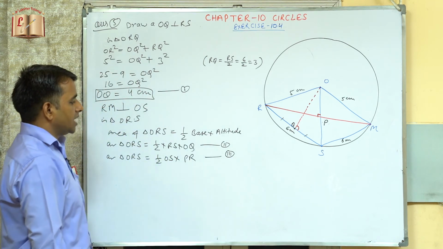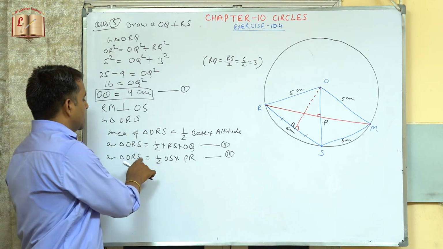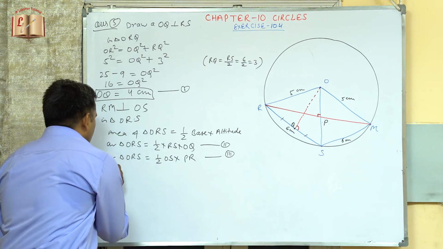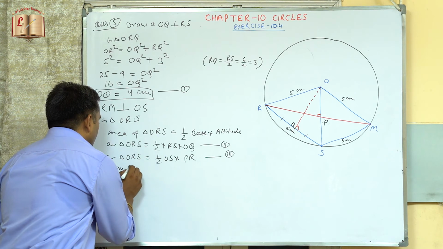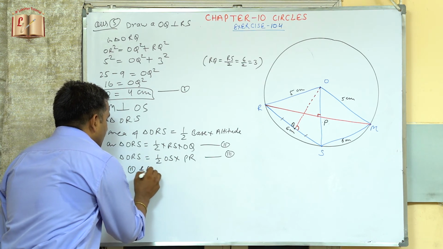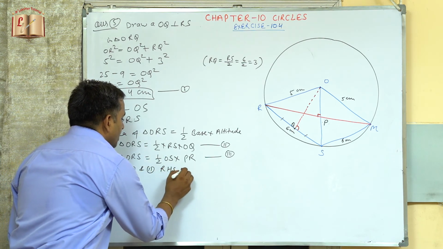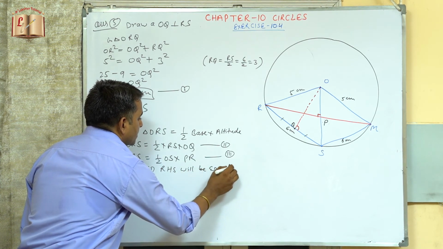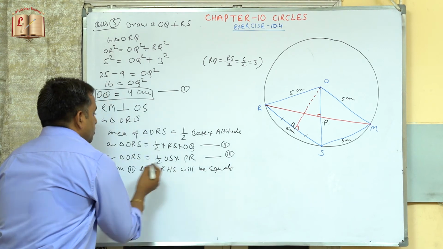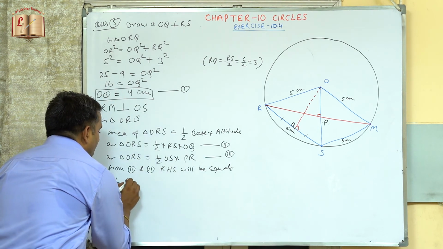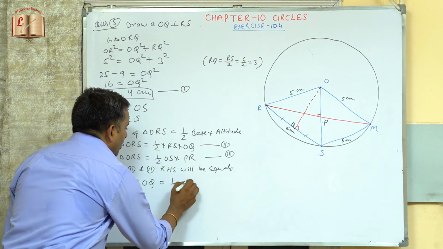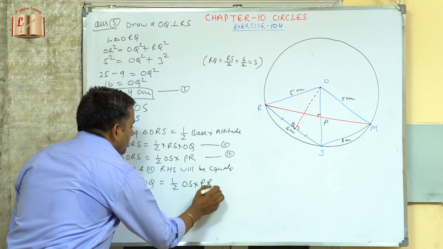Now from second and third, we got that these are the areas of the same triangle, so the right hand sides will be equal, because they are the areas of the same triangle. So we can write half of RS into OQ equals half of OS into PR.